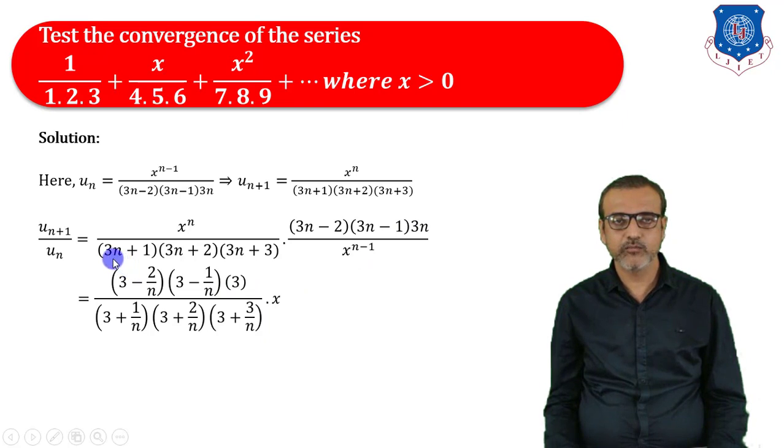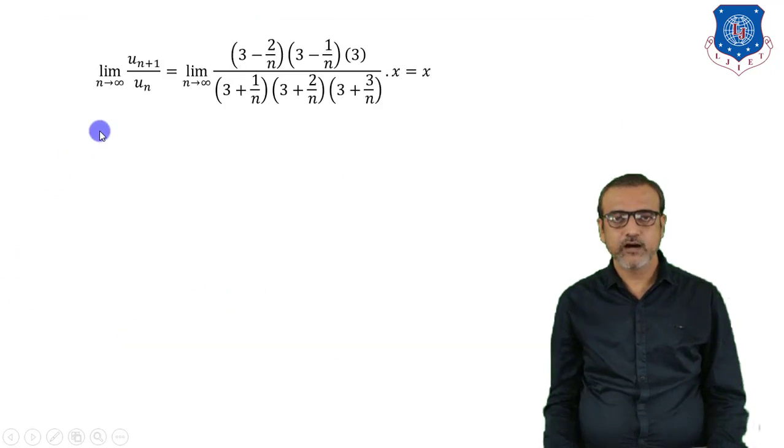In the denominator taking n common, we have 3 plus 1 upon n, 3 plus 2 by n, and 3 plus 3 by n. In the numerator we have n cubed, and in the denominator again n cubed, so n cubed and n cubed cancel out. Now we find the limit as n tends to infinity of un plus 1 upon un.